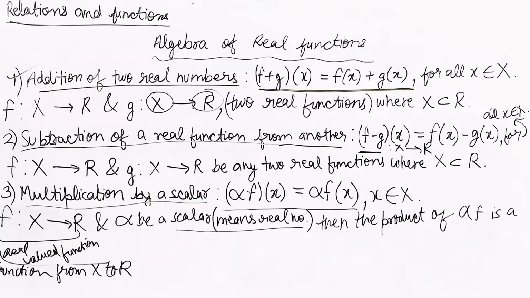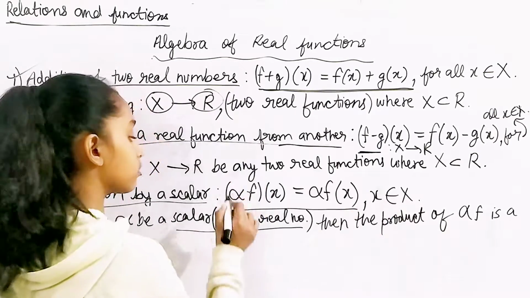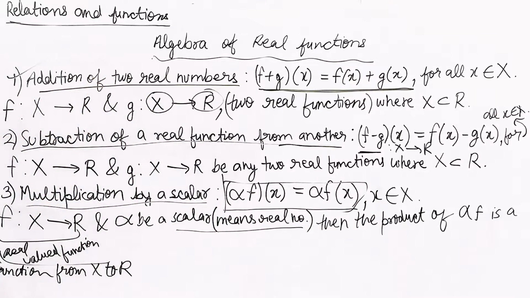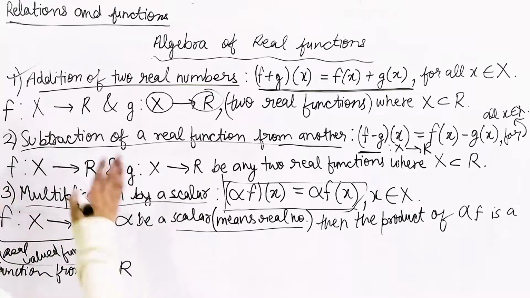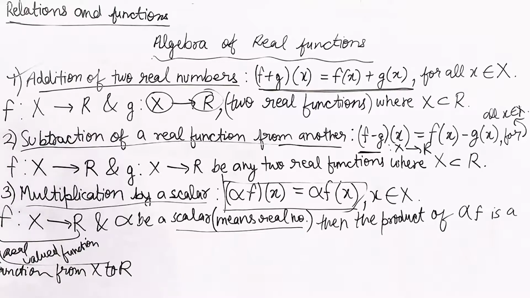The product of alpha f is a function from X to R defined by this formula. So this is the formula we have. That's it. Okay, so now we're going to talk about the multiplication of two real functions, of course.